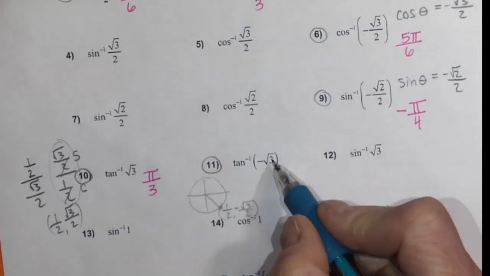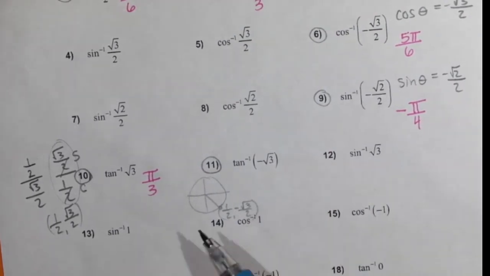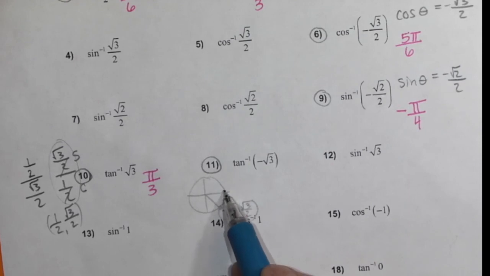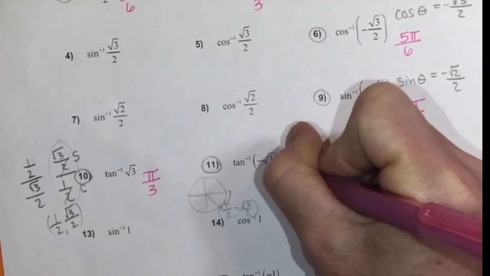So then when I take that ratio, I get negative root 3. So again, it's not going to be positive 5 pi over 3. We have to go backwards. The answer is going to be negative pi over 3.